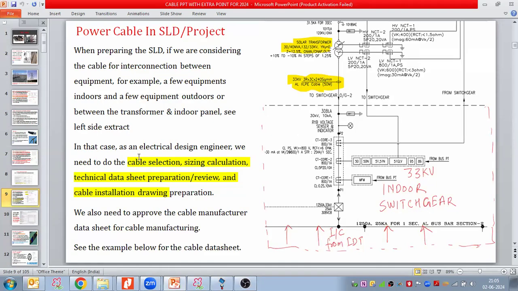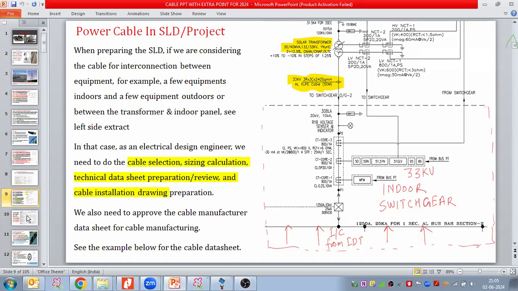So we discussed the overall responsibility of a design engineer regarding the cable. We should know about cable selection, cable sizing calculations, then datasheet preparation or datasheet review of the cable supply, and then cable installation drawing preparation. These are all the tasks we have to do regarding the cable.